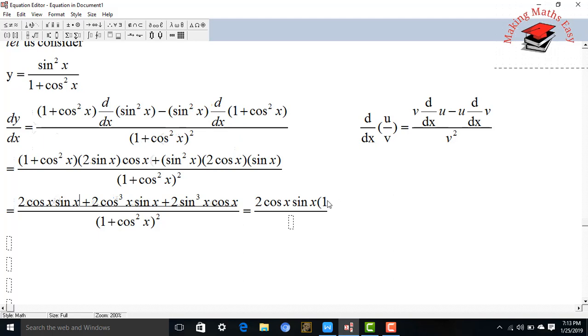We put 1 over here, 1 plus, then cos cube x will become cos square x, and sin cube x will become sin square x.